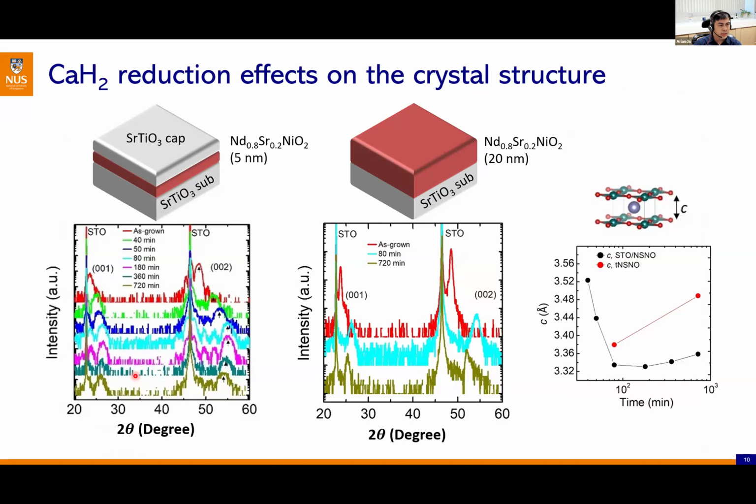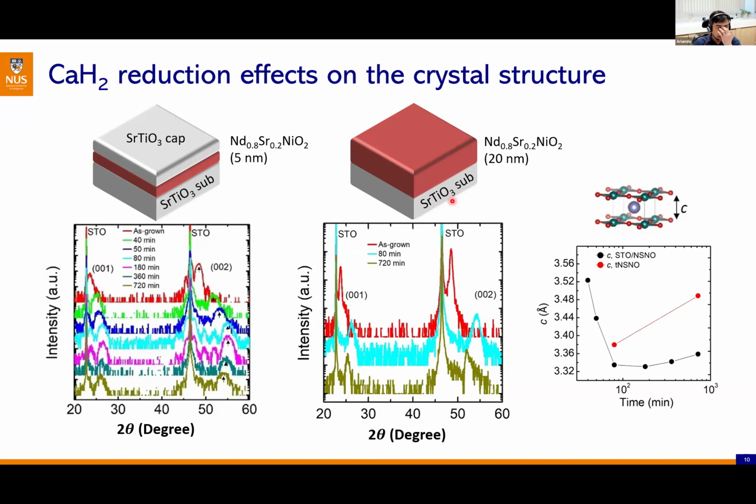Here you can also see nice thickness oscillations in the XRD and the infinite layer peak clearly shifted. And then at higher reduction time, it shifted again to the left, indicating that there is also a slight change in the lattice constant of the z-axis as you reduce or over reduce your system.